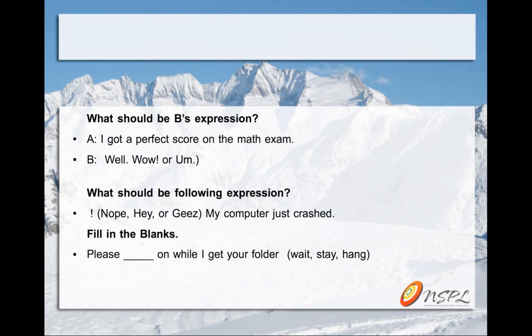"Please hang on while I get your folder." And after "on" you can put a small comma. So "hang on" is a phrase that we use. Rather than "please wait," it is better to use "hang on," right? Because in the US people use "hang on" more than "wait." Okay, when we are communicating and we want to put someone on hold, we just say "hang on," right?